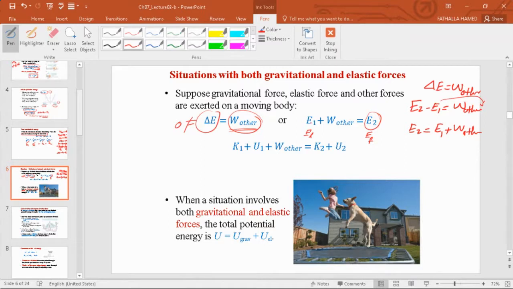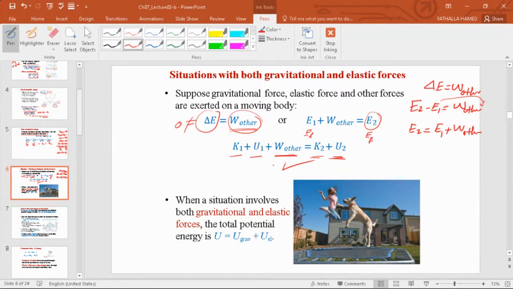So when we talk about mechanical energy, kinetic 1 plus potential 1 plus the work done by other forces, and by the way, work done by other forces could be positive or negative. You can add in energy or you can take out energy. It should equal K2 plus U2. And that's how you write your energy conservation in general. If you do not have any other forces, then you just scratch that one out and it's equal to 0.